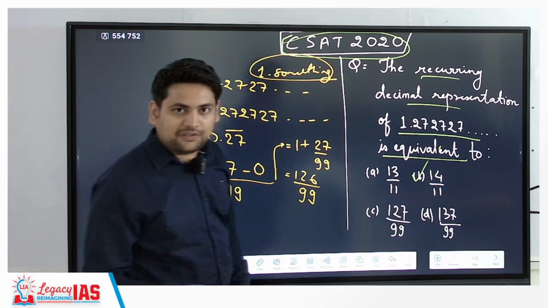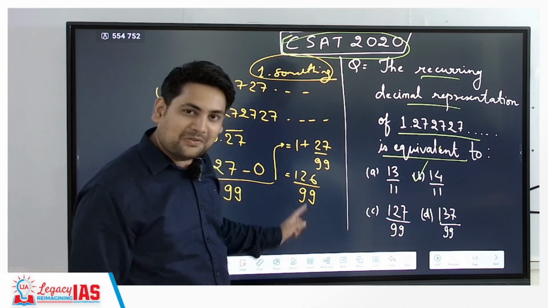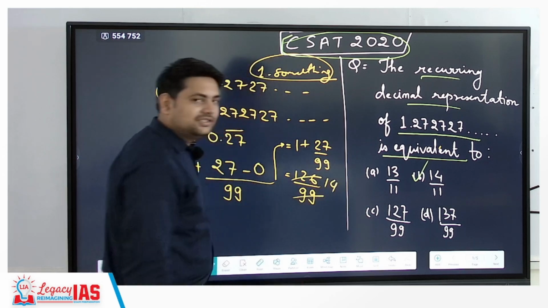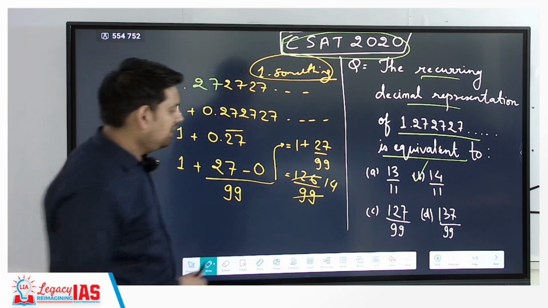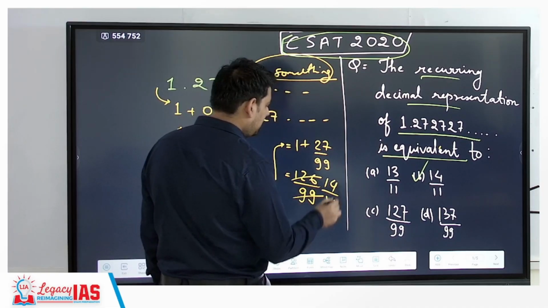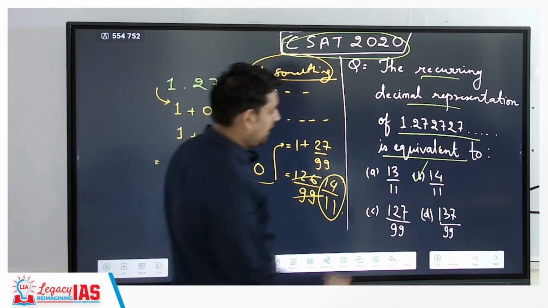Also, if you have done some hard work in life, you remember the table of 14. So 14 nines are 126. 14 tens are 140. So this is 14, and how many times will 9 go into 99? 11. So the final answer will become 14 by 11.